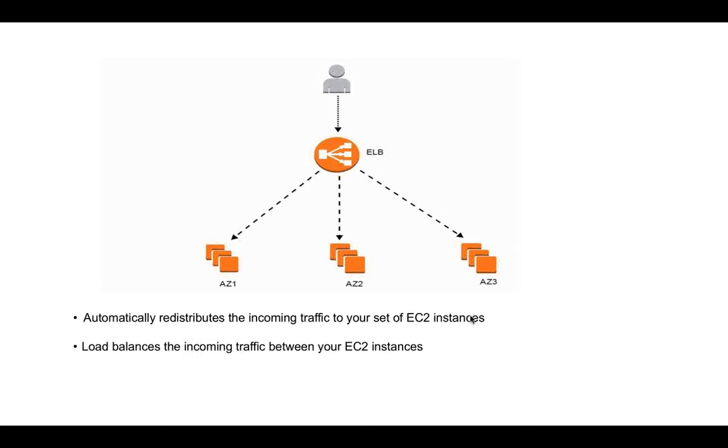It literally load balances the incoming traffic between your instances. So if I'm saying load balancing the traffic, it means that it ensures that each instance gets its equal share of traffic. These EC2 instances can be either collected together in a single AZ, or they can be spanned across multiple availability zones.